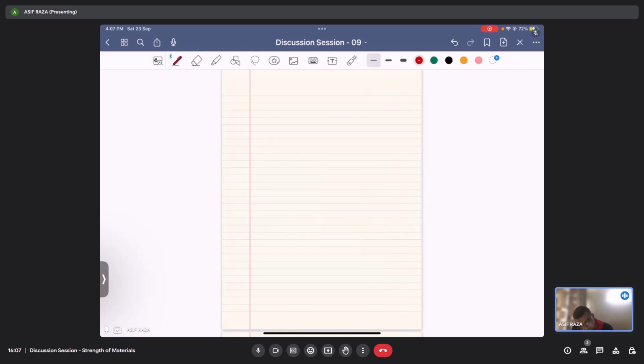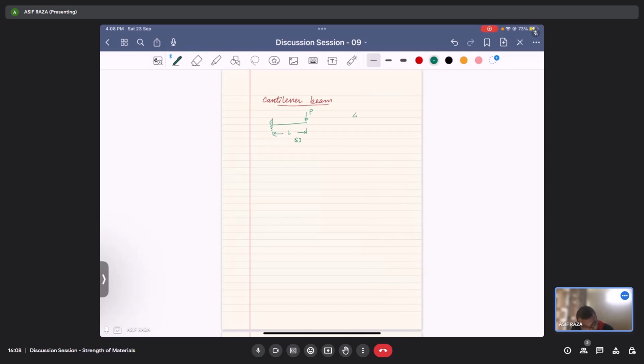First, take the case of a cantilever beam with a concentrated load P, span length L, and EI as the flexural rigidity.